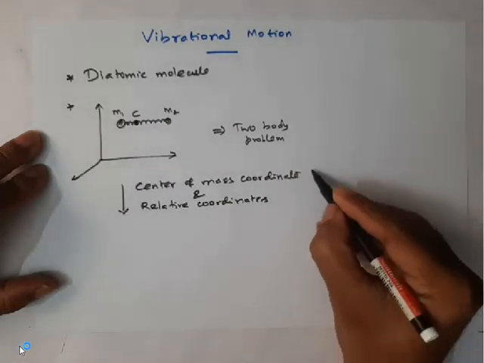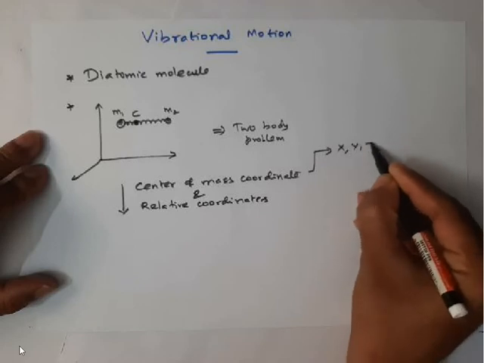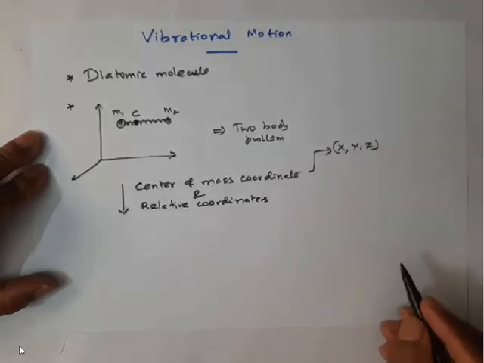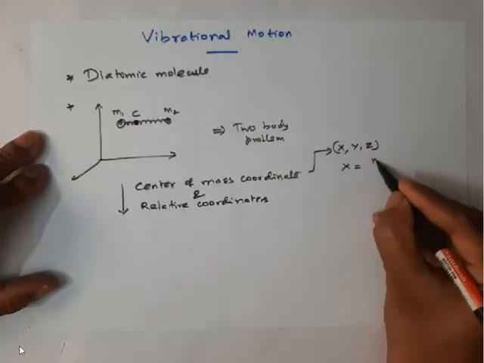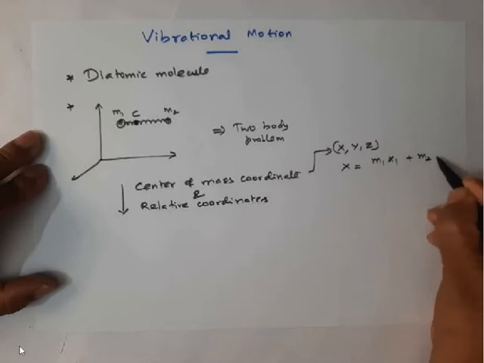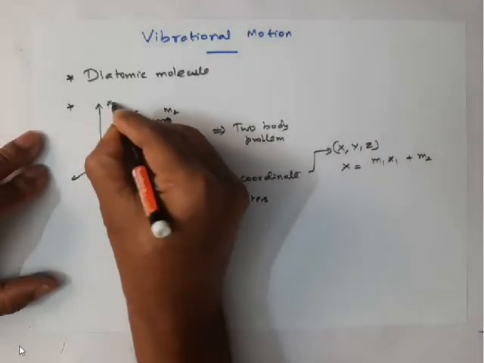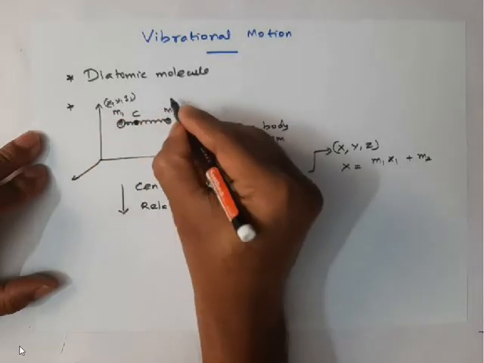Let me represent the center of mass coordinate as X, Y, Z, and you know very well what X is. X is nothing but m1 into x1 plus m2 into x2.